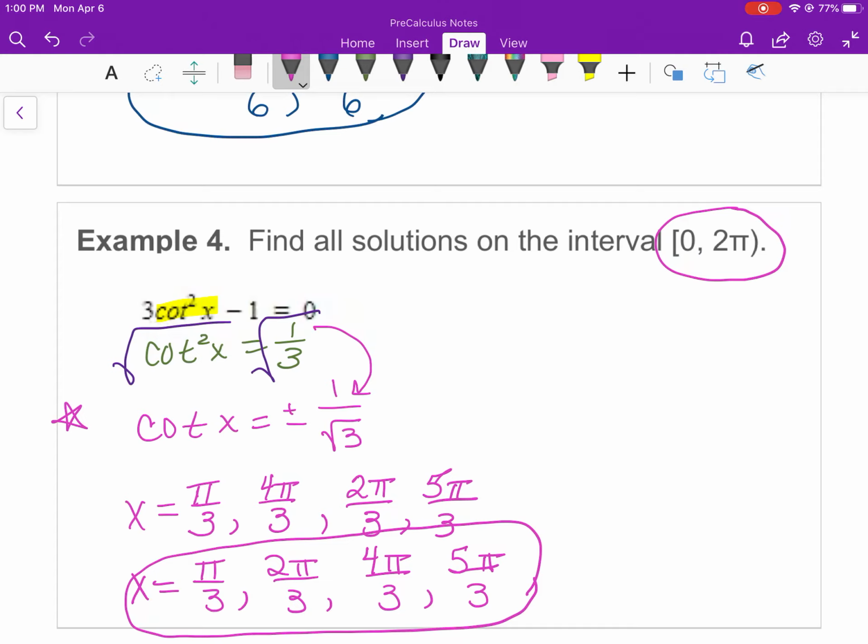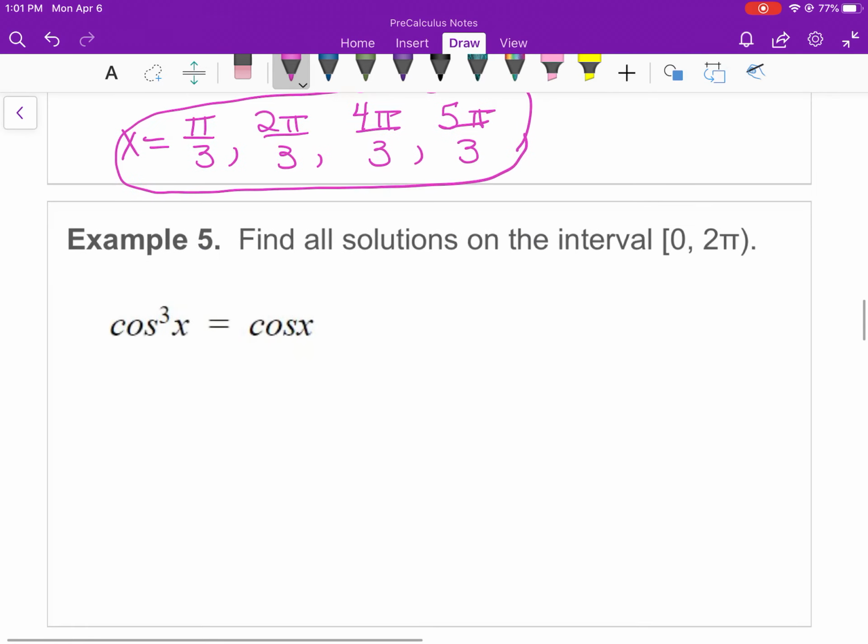Tangent theta is y over x when I'm on my unit circle, so cotangent is x over y. So just remember you're taking the x from your ordered pair, dividing it by the y from your ordered pair.